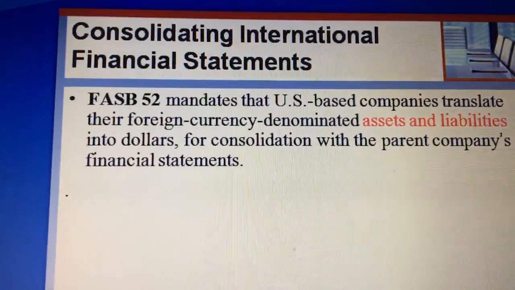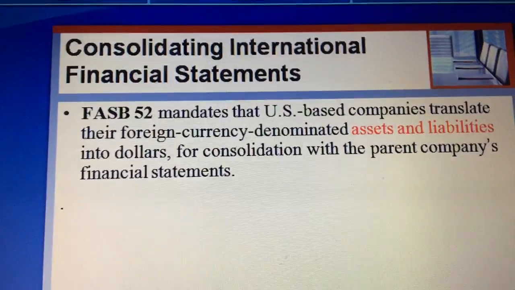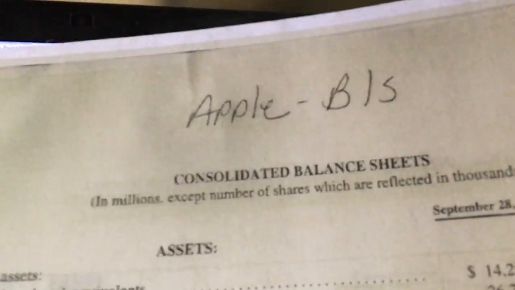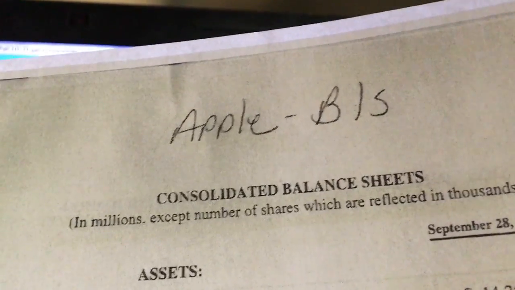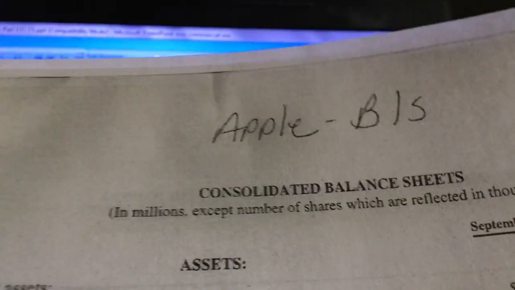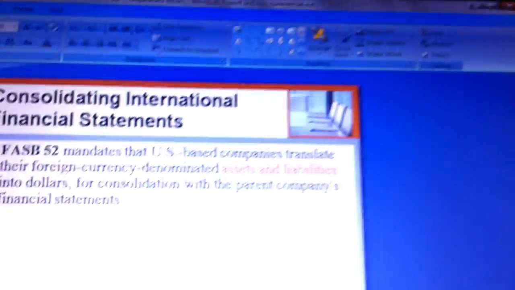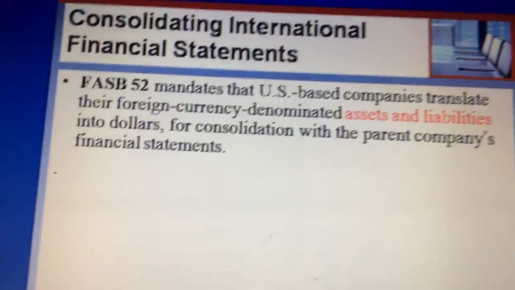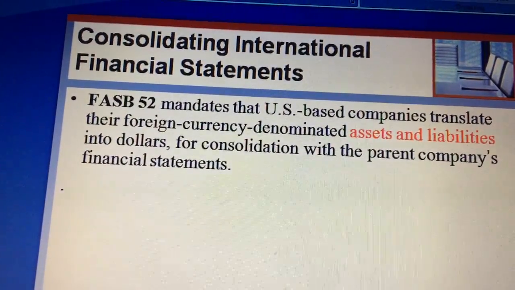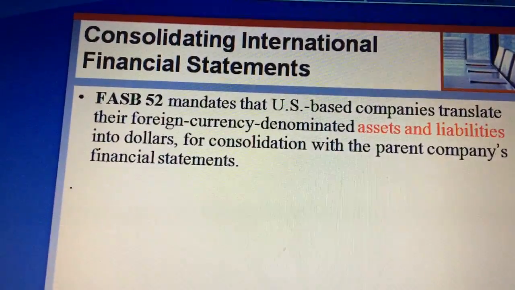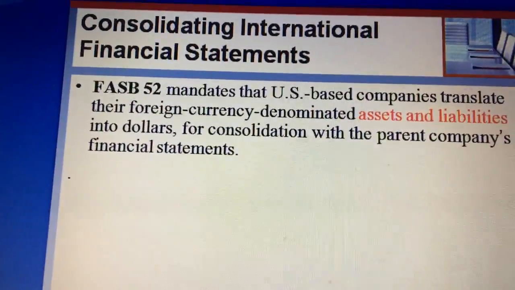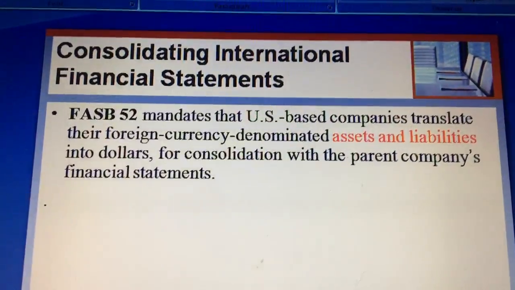And when we look at the Apple financial statement, let me just show you one up here. Okay. Notice at the top of Apple, it says consolidated balance sheets. It'll say consolidated income statement. That means that all of their foreign offices are brought over to the U.S. in terms of our dollar, and everything's put on one set of financials. So you need to know that FASB.